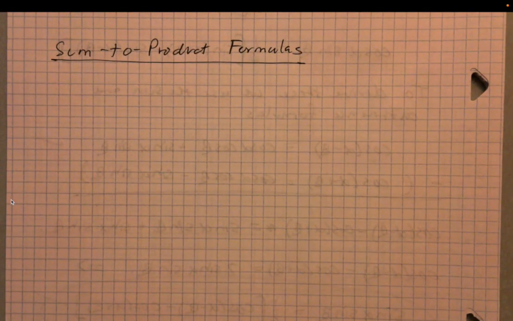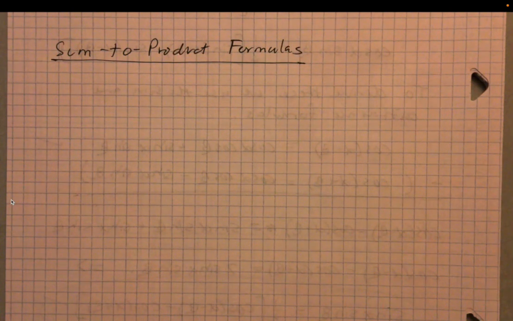In the examples we just went through, we had a product of trig functions and we wanted to convert it into a sum or difference. Here we've got a sum or difference of trig functions, like sine plus sine or sine minus sine or cos minus sine or whatever, and I want to convert them to a product.